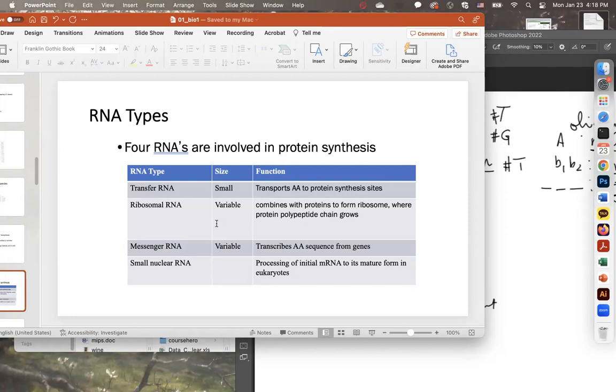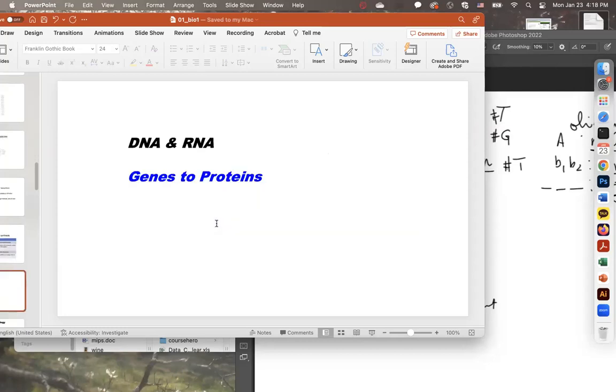And those proteins are what actually perform the biological function corresponding to the particular gene sequence. And we'll take a look shortly. So genes to proteins. Okay, are there any questions so far? So are you all good?